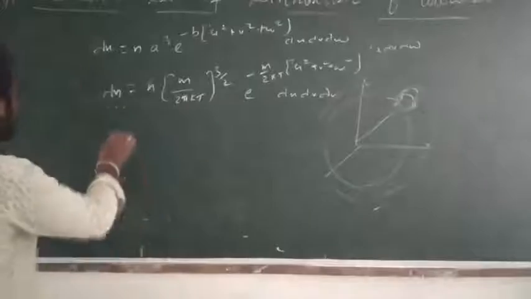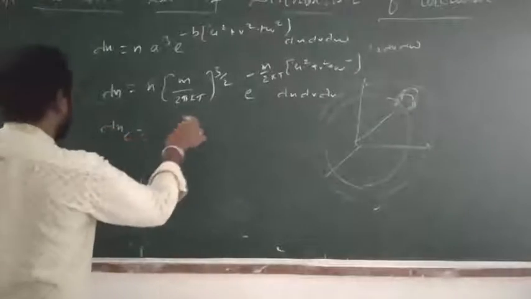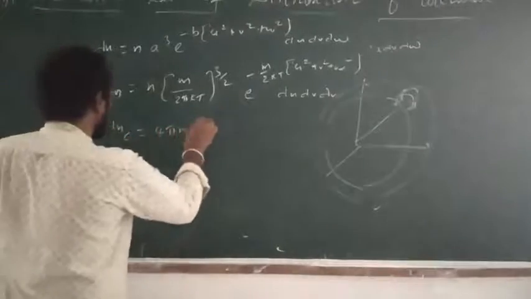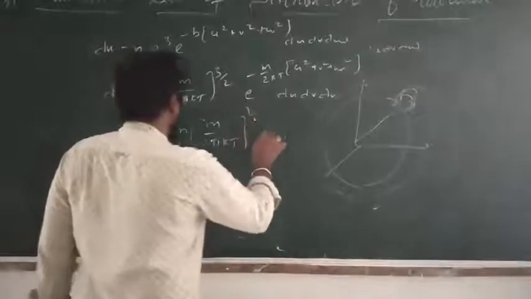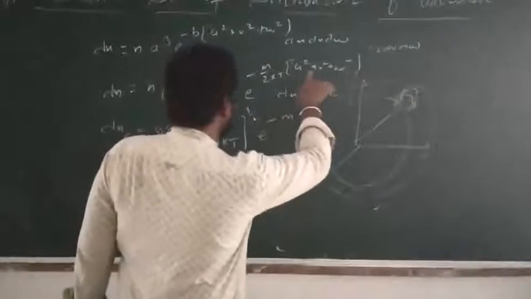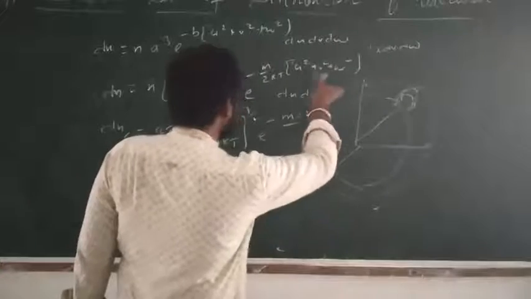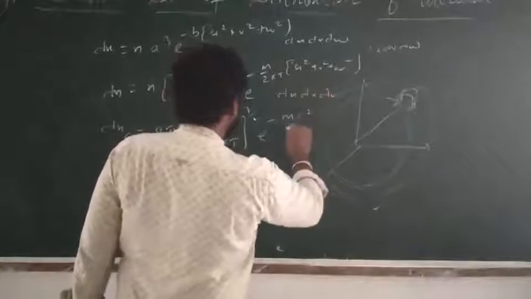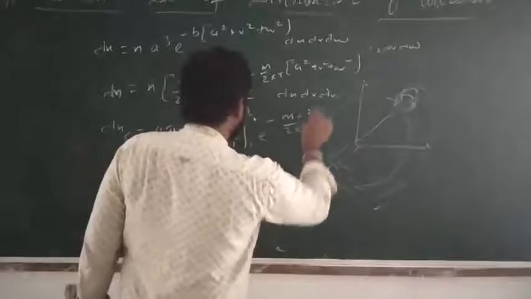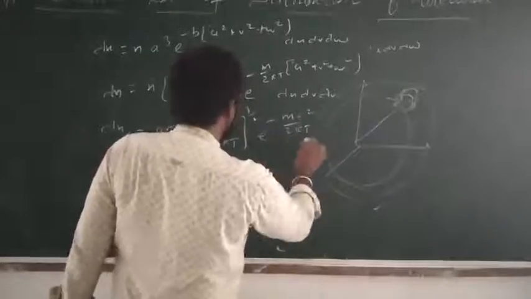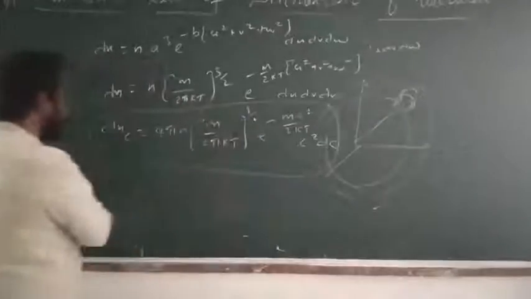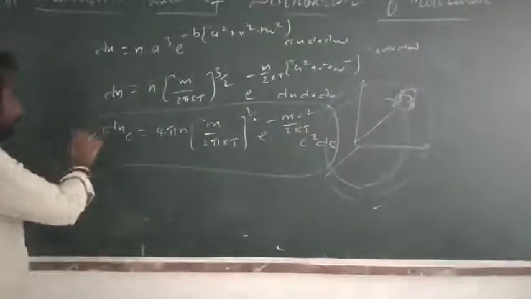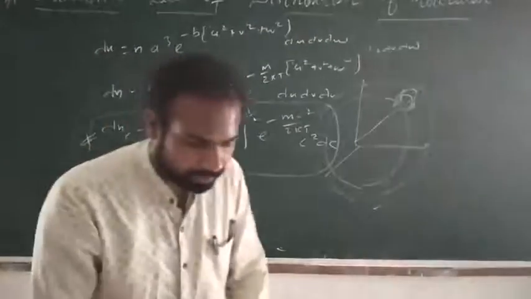That is, dNc is equal to 4 pi n into m by 2 pi kt whole power 3 by 2 e power minus mc square by 2kt, into c square dc. So at last we will get this equation. This is the derivation, which is very lengthy.